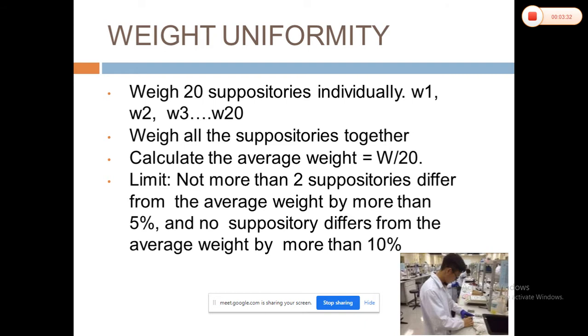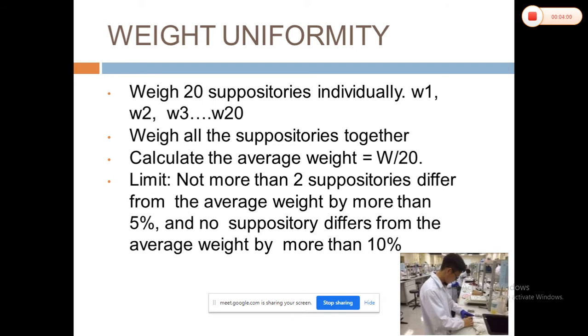After calculating the average weight, suppose the third suppository, W3, has a weight of 1.5, or W20 has a weight of 0.98. You have to calculate the average weight of the 20 suppositories and according to that compare it with your individual suppositories.